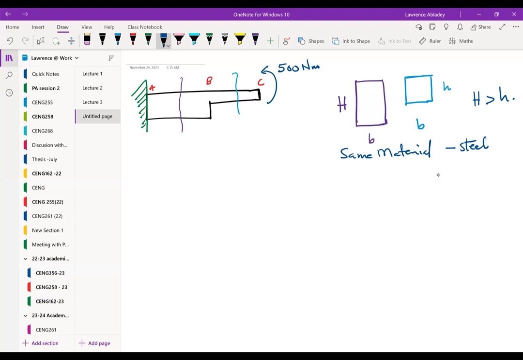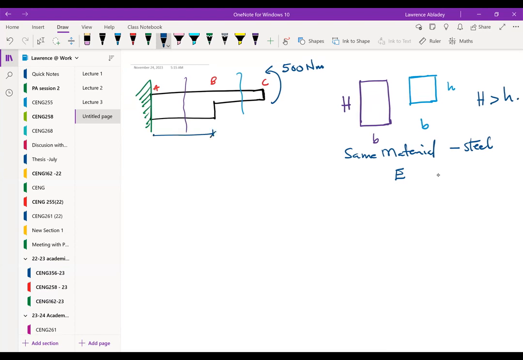So whether it's section AB or section BC, it's the same material, and they only have different dimensions. Since it's the same material, what is going to happen is that the E is the same. So the E of section AB, let me call this EAB, and the E of section BC, EBC, are the same because it's the same material.